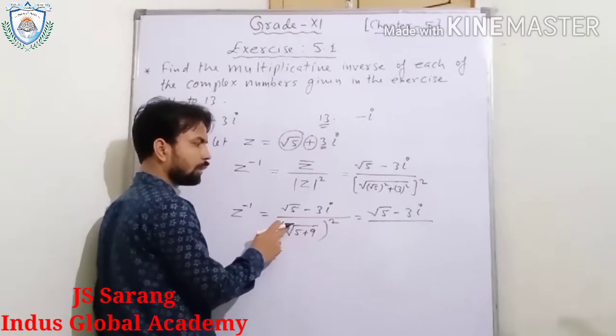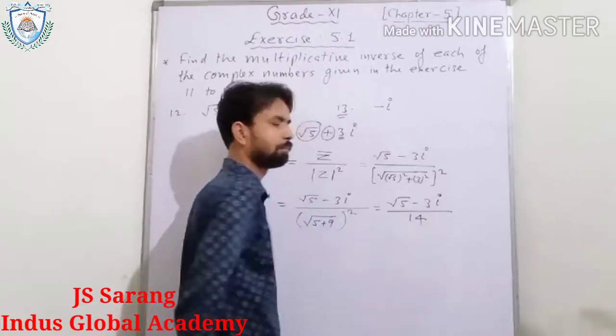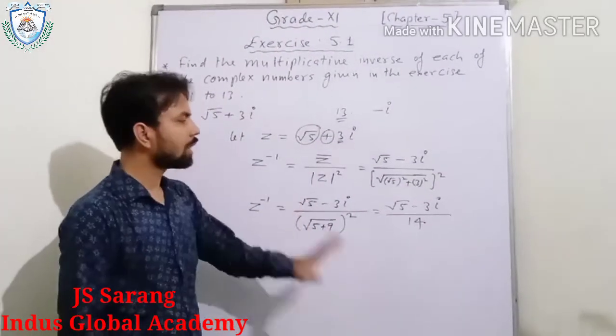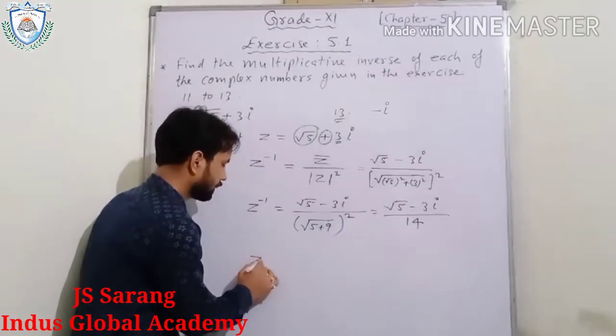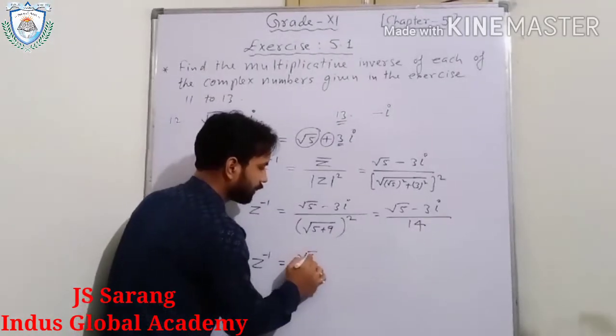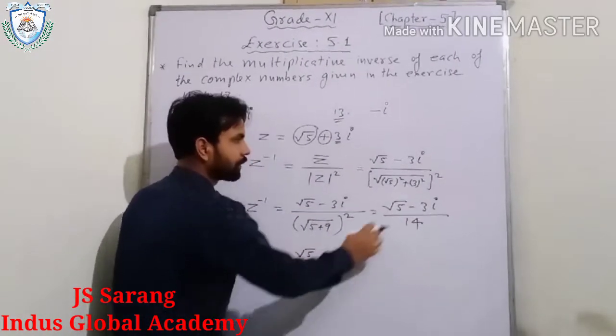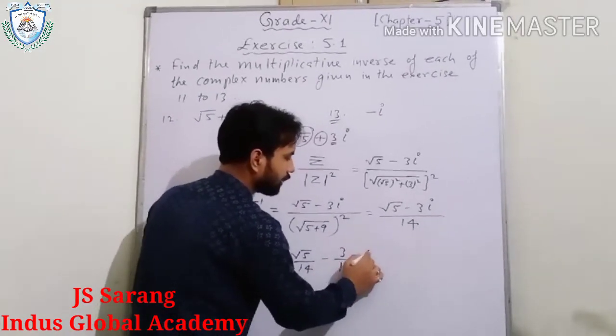So this square root will be removed by this square, so only 14 is left. Clear? At last we will separate the denominator. So z inverse equals root 5 divided by 14 minus 3 divided by 14i.